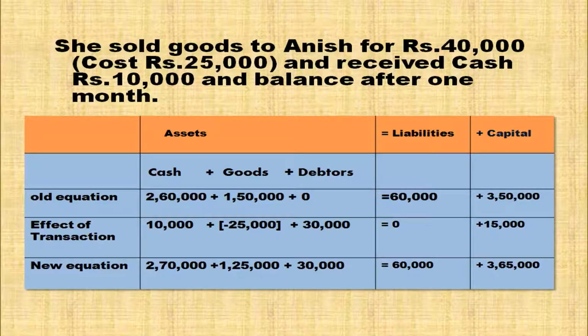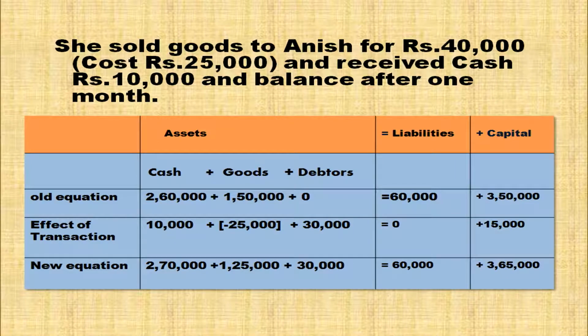The accounting equation is satisfied. Sold goods to Ashish for rupees 40,000. The cost price of those goods is rupees 25,000, and cash of rupees 10,000 was received and the balance is received after 1 month. The earlier accounting equation is given and the effect of this transaction is in this way. In the goods column, deduct the cost price of rupees 25,000 because goods are going when goods are sold, and cash is coming inside the business for rupees 10,000.